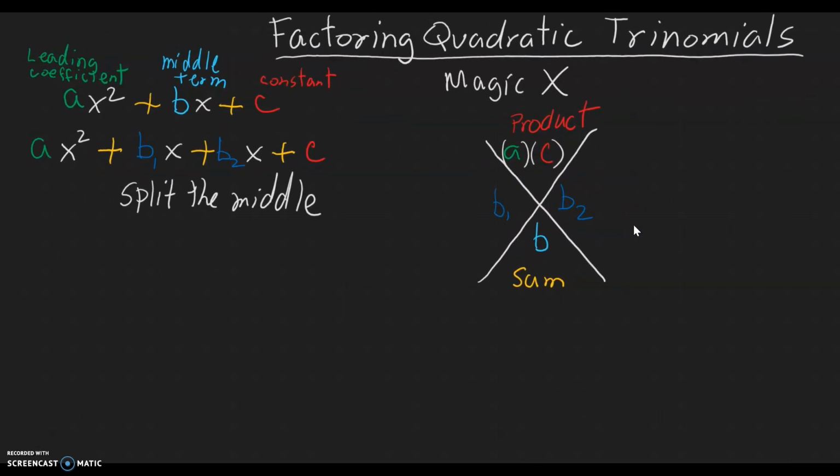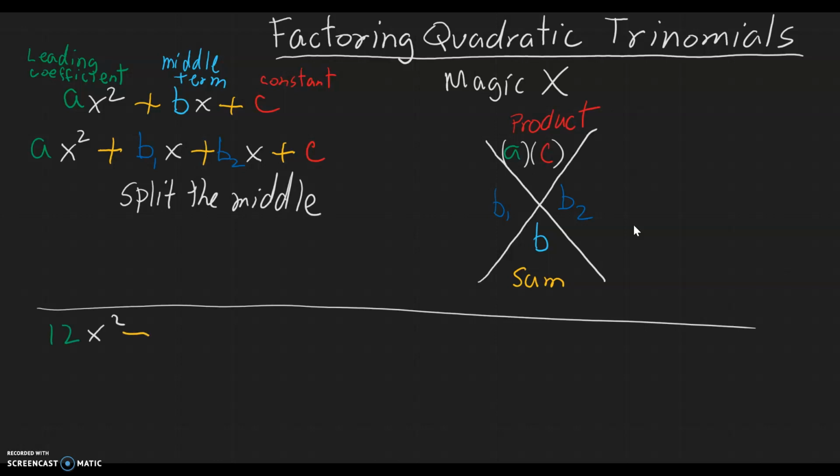All right, let's go ahead and get a specific problem that we're going to do. And that problem is going to be 12x squared plus 8x and then plus c.